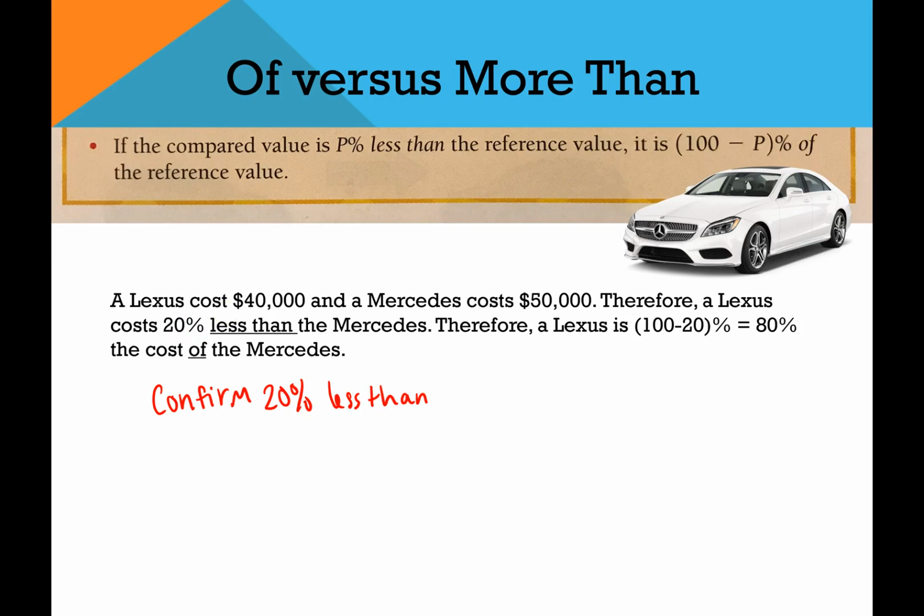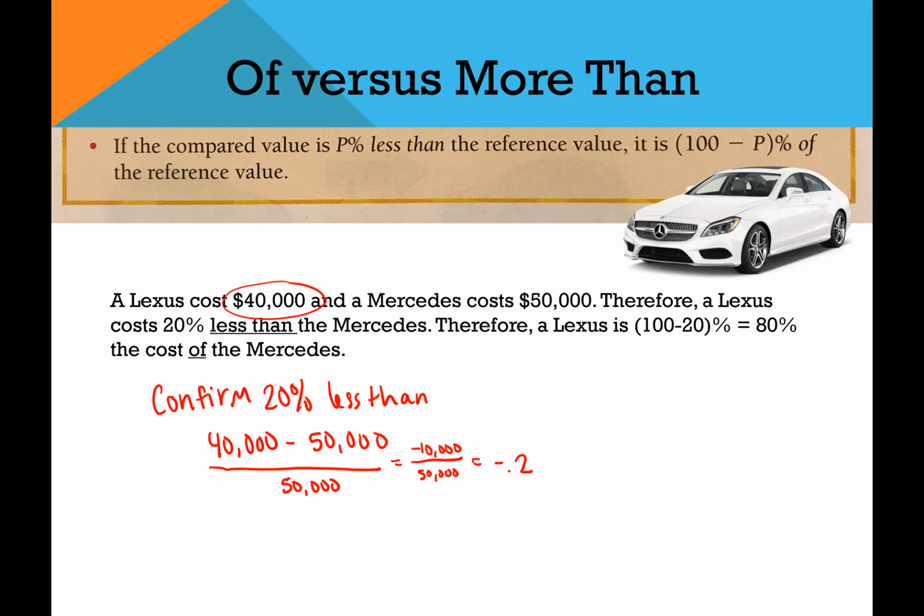All right, so I'm going to take 40,000 minus 50,000 divided by 50,000. So this is going to give me negative 10,000 over 50,000. That actually gives me a negative 0.2.